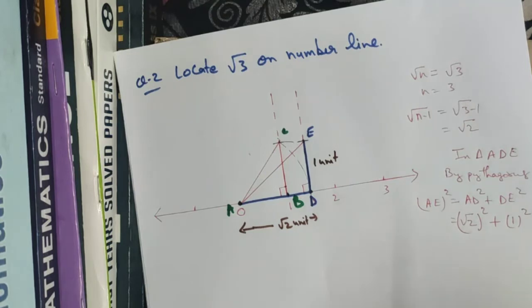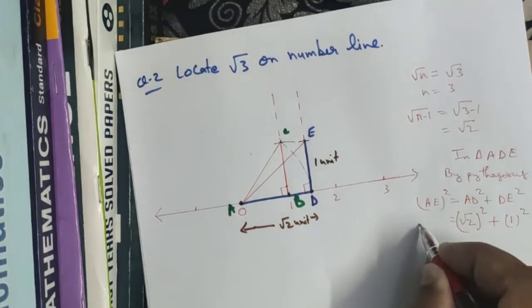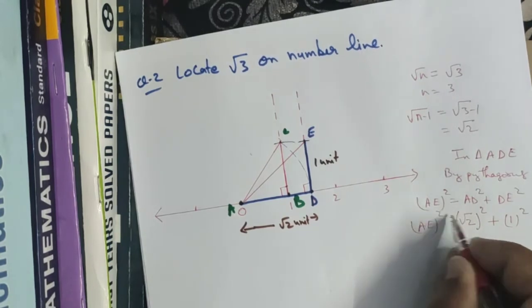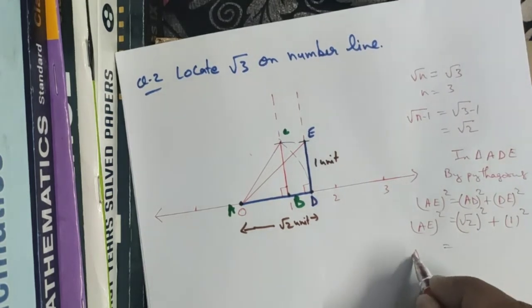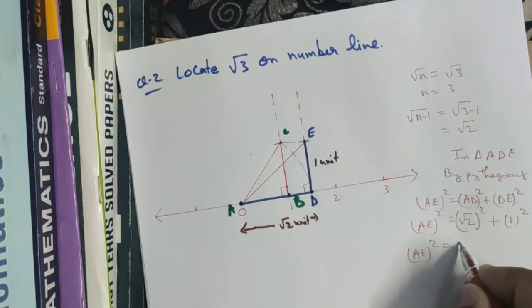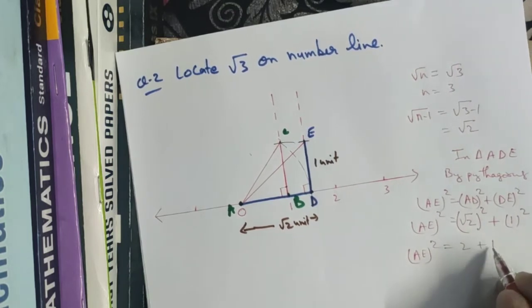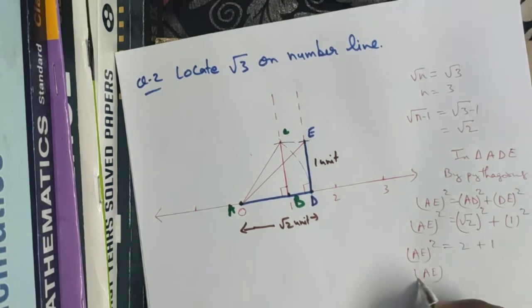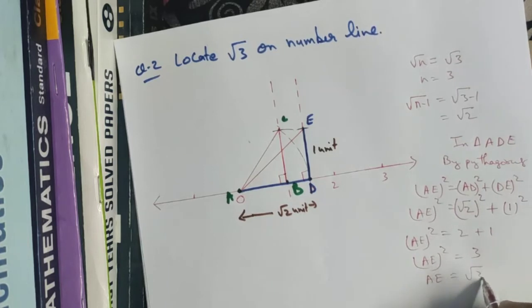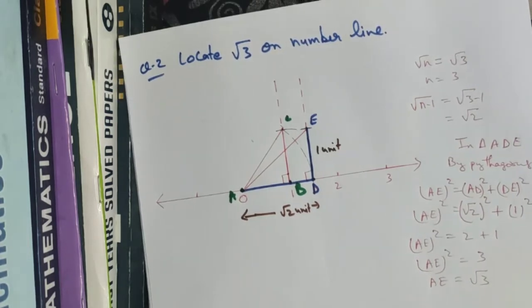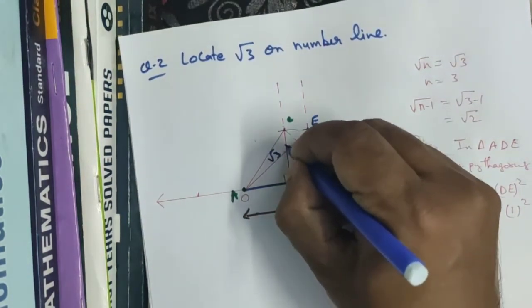So now, square of root 2 is 2, square of 1 is 1, so AE square is equal to 3. AE will be equal to root of 3. So this AE will be root 3 unit.